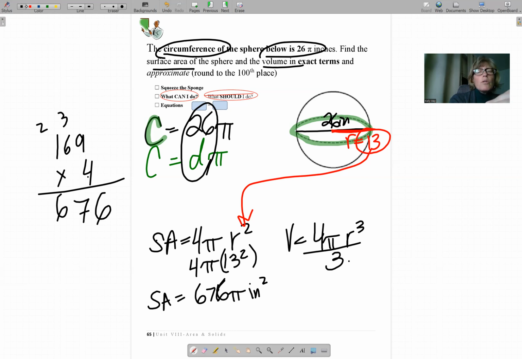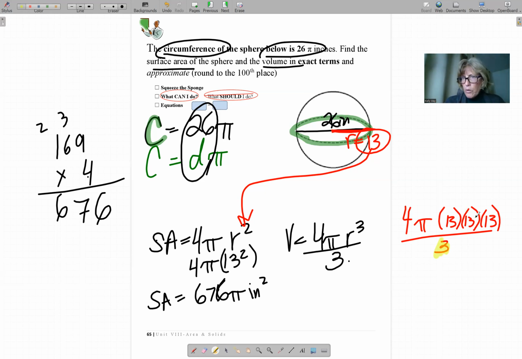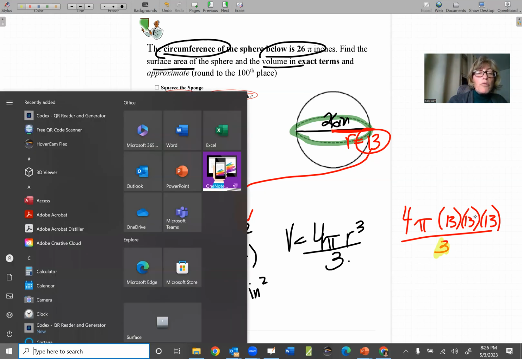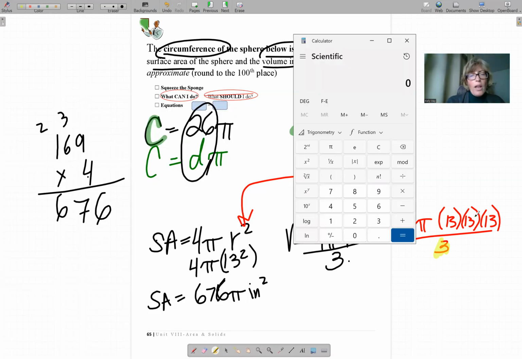Coming over here, I have 4 pi, and it's going to be 13 times 13 times 13 over 3. Now, we can't reduce that 3 into any singular number, so we're just going to leave it here. And it's going to be a fraction, which is totally fine.